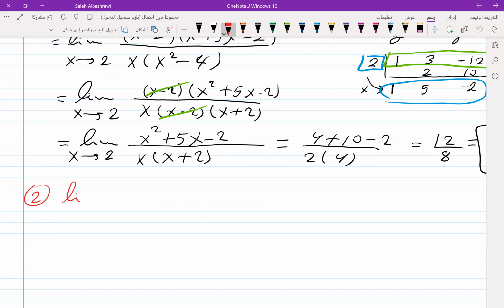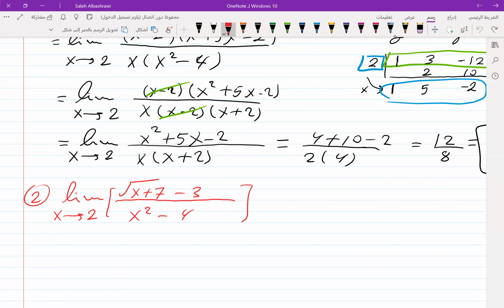Say, let's find the limit of this one, which is square root of x plus 7 minus 3 divided by x squared minus 4 as x goes to 2.